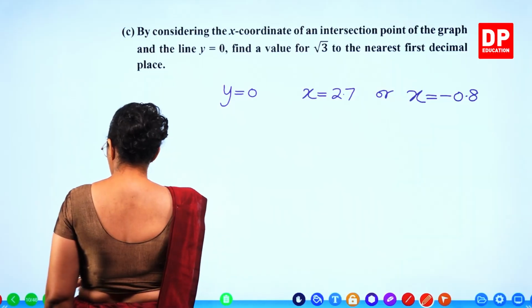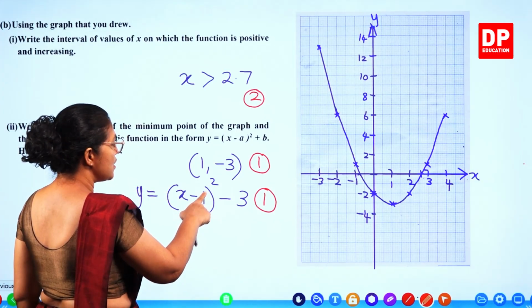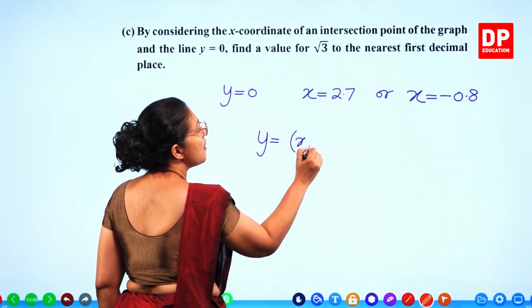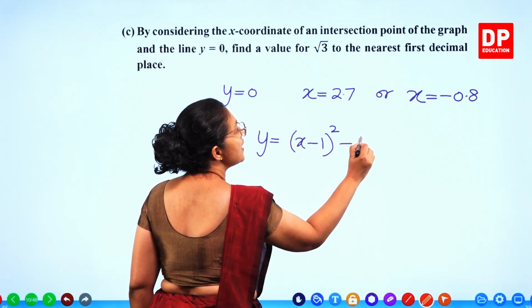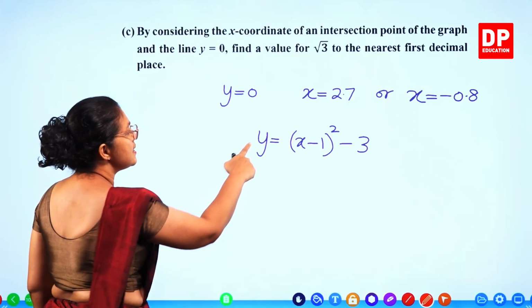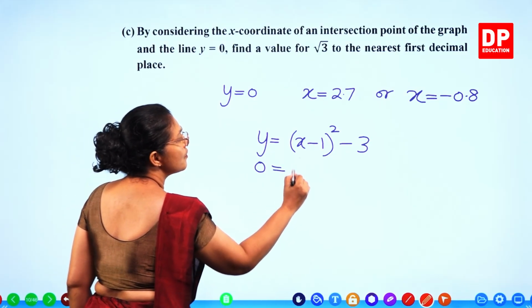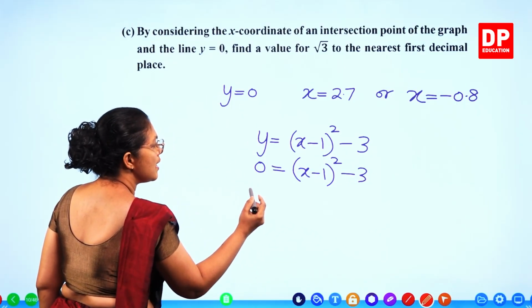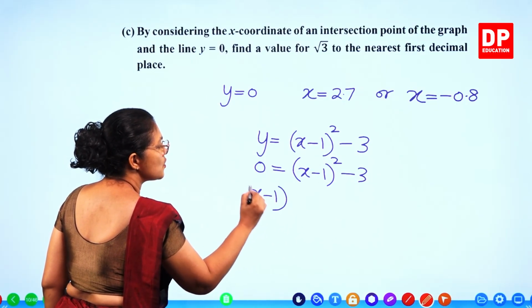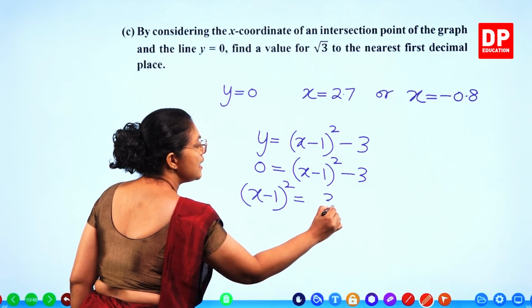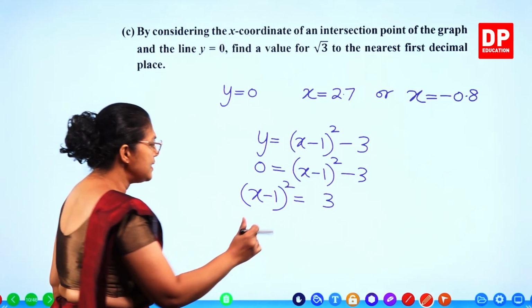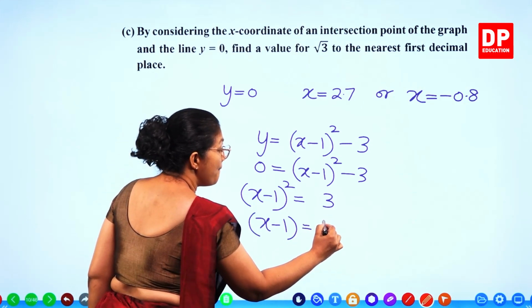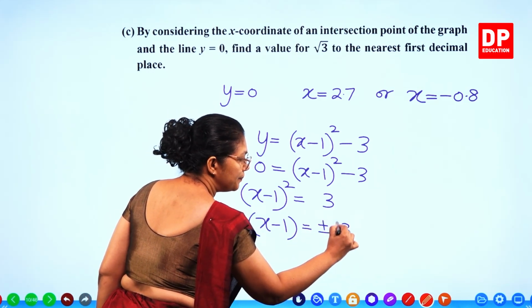So to get the positive value, we have to take the positive value of x. So what's the equation we found? y equals (x minus 1) squared minus 3. Now let's take when y equals 0. What happens? (x minus 1) squared minus 3, take it to the other side. (x minus 1) squared is equal to 3. Take square root both sides. x minus 1 becomes plus or minus root 3.